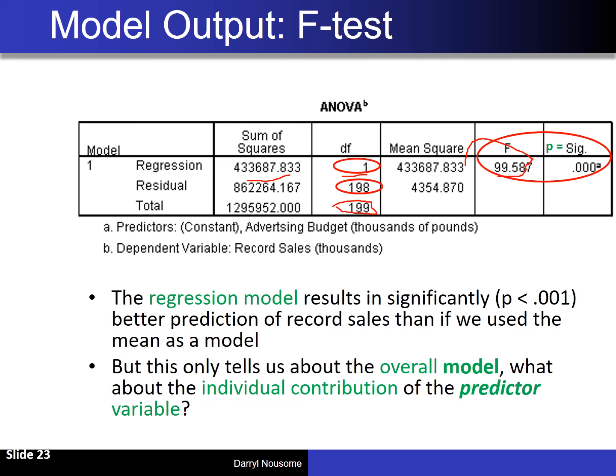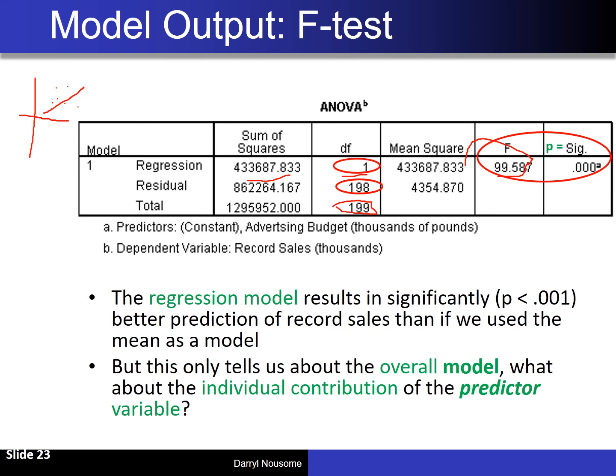So if you think about our data, let's assume we have a couple of points here, and we drew some sort of regression line, right? What we're saying is this regression line, this slope, is doing much better than the mean. So what would the mean look like? Think about that for a second.